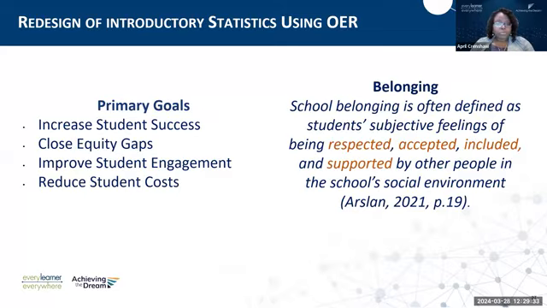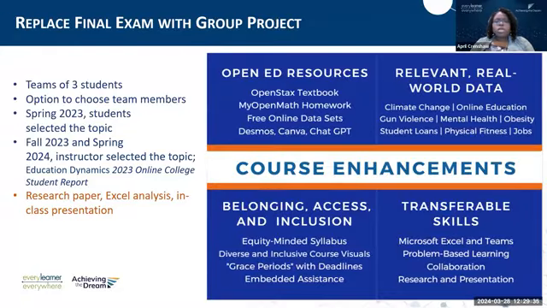Next slide, please. So our big course enhancements: we were going to use open ed resources. We were going to make the course feel relevant and real for students by using real world data.